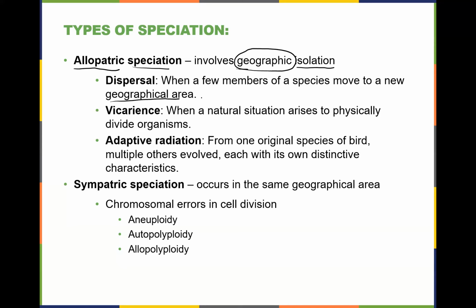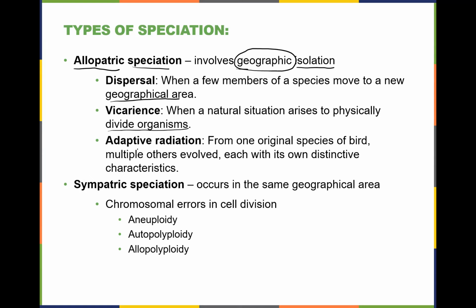The finch bird in the Galapagos Islands is this example. Vicariance is when a natural situation arises to physically divide the organisms. An example for this is also the Galapagos finches, where on the islands themselves, this bird evolved into different species.